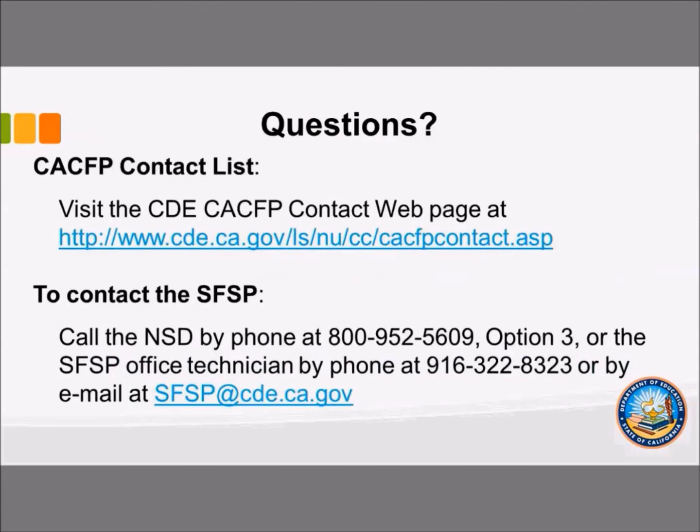If you have questions after reviewing the NSD Procurement webpage and the webinars, please contact your program specialist. To find your CACFP specialist, type in the link listed on this slide. To contact an SFSP specialist, call the NSD at either of the phone numbers or email addresses shown on this slide. Specialists are here to assist agencies with ensuring they are meeting the federal procurement standards.